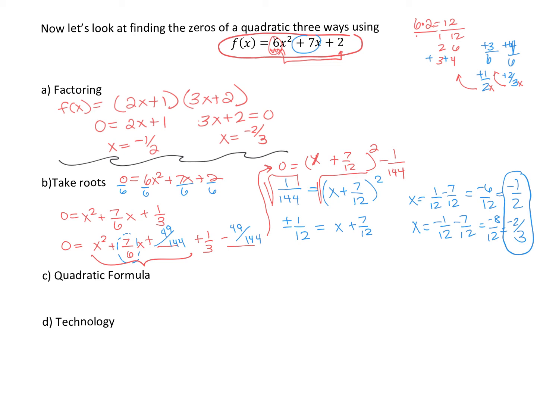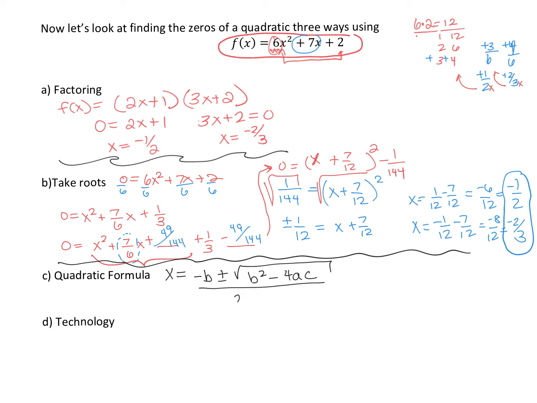The next way to solve for the zeros of a quadratic is to use the quadratic formula, which is x equals negative b plus or minus the square root of b squared minus 4ac all over 2a. So in this case, I'm going back to my original.